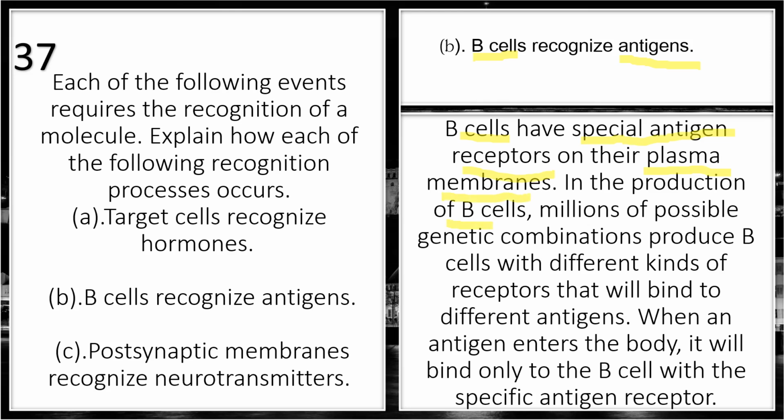In the production of B cells, millions of possible genetic combinations produce B cells with different kinds of receptors that will bind to different antigens. When an antigen enters the body, it will bind only to the B cell with the specific antigen receptor.